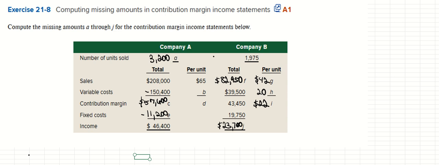Now for variable costs, we can figure out the variable cost per unit based on the number of units sold. Since we've determined the number of units sold for company A, we take the total variable cost of $150,400 and divide it by 3,200.